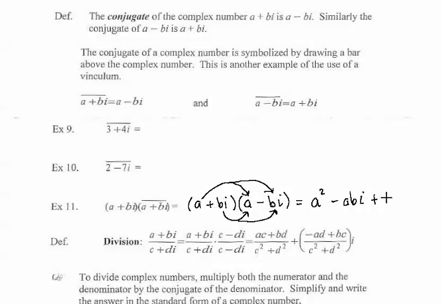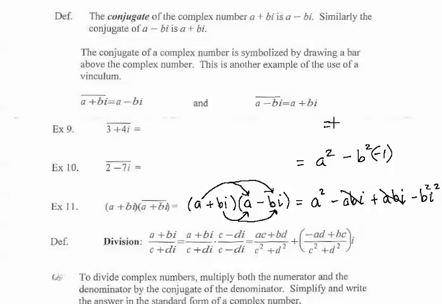We have bi times a, so this becomes a plus abi. And then for the last term, we just simply have a minus bi, and the b and the i are squared. Alright, and what you see happen is the two middle terms cancel out. So up above, we're left with an i squared and then a minus b squared, and the i squared can be replaced with a negative 1.